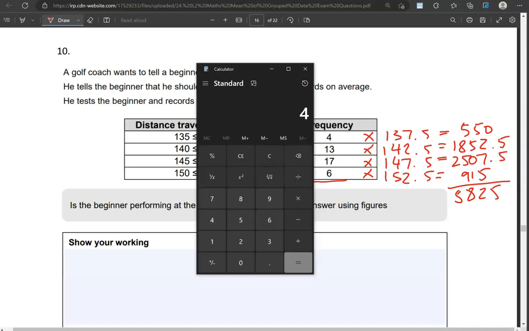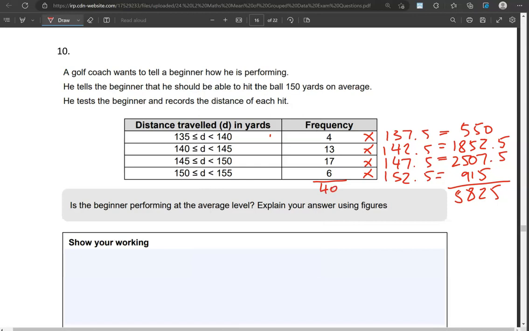So that is 4 add 13 add 17 add 6 gives us 40. So 5,825 divided by 40.